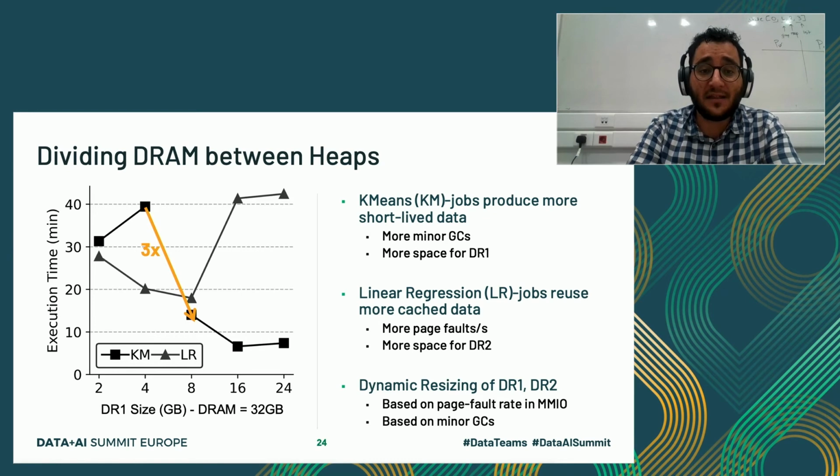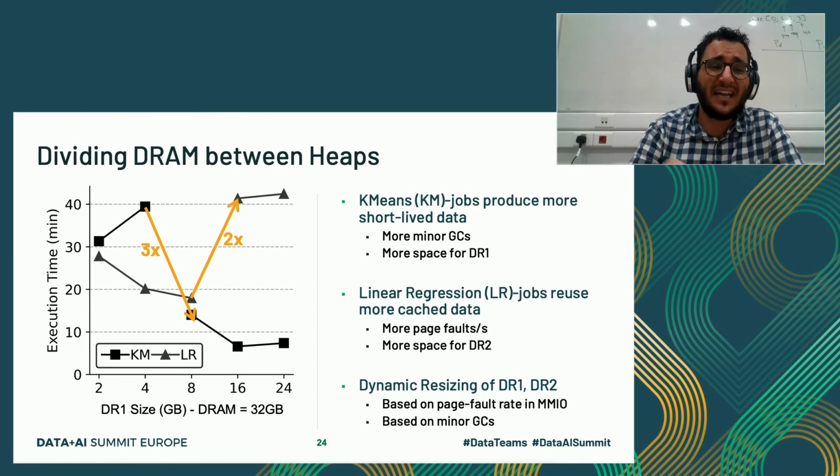On the other hand, linear regression jobs reuse more cached data objects, so we have more page faults. As a result, we need more space for DR2 to hold more memory mappings of TeraCache in DRAM. So when we increase the DR1 size from 8 gigabytes to 16 gigabytes in linear regression, the total execution time increases by 2 times.